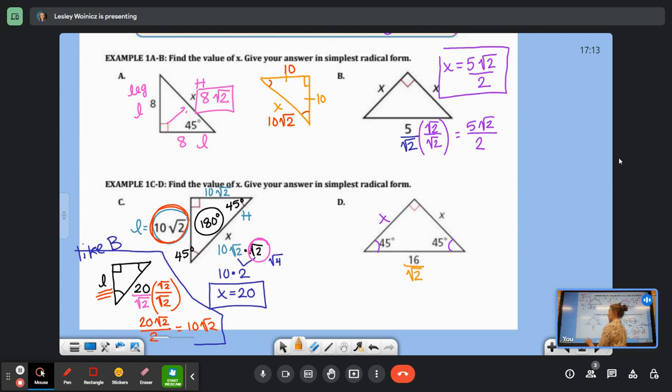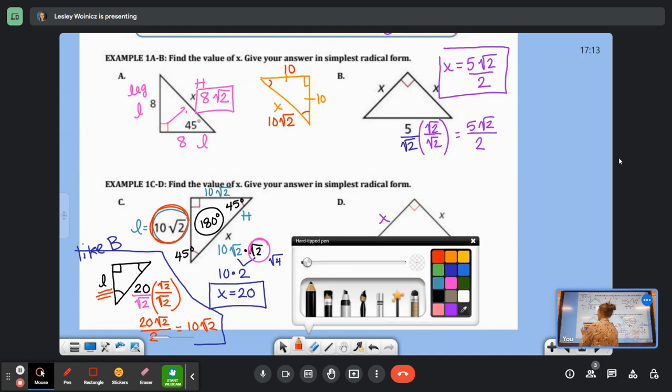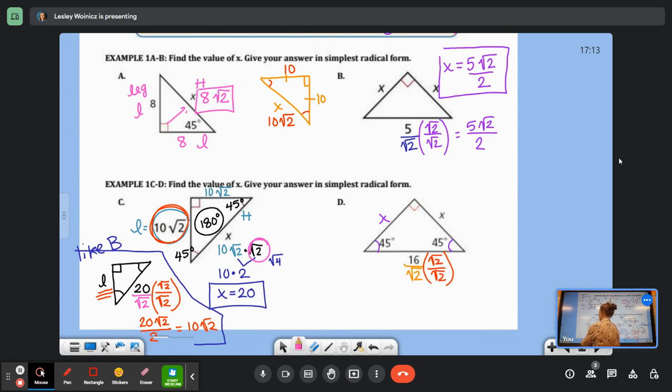We have to take that factor out. So now I have to rationalize and do root 2 over root 2, which is just my fancy 1. I'm multiplying by 1. That gives me 16 root 2 over 2.